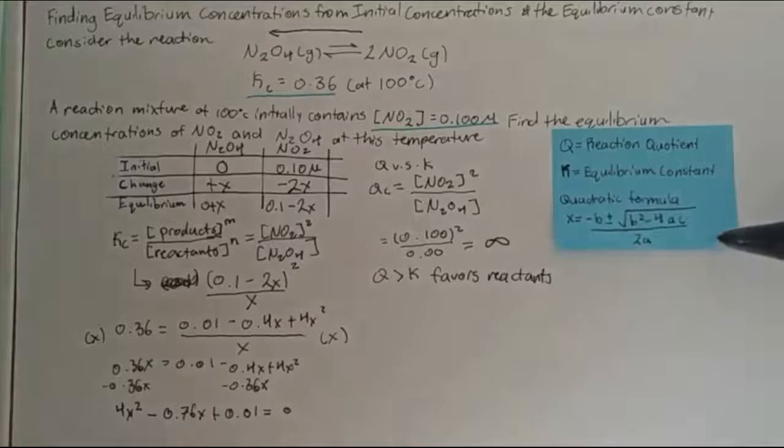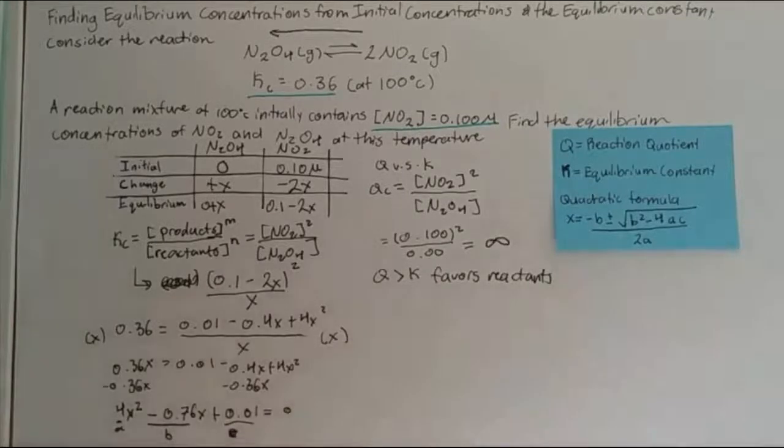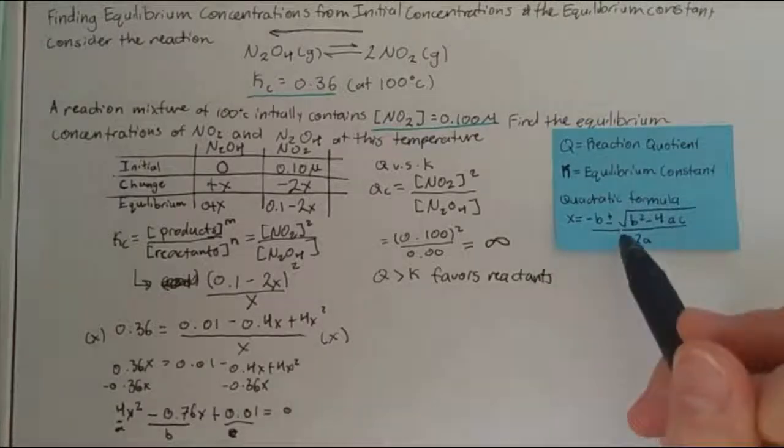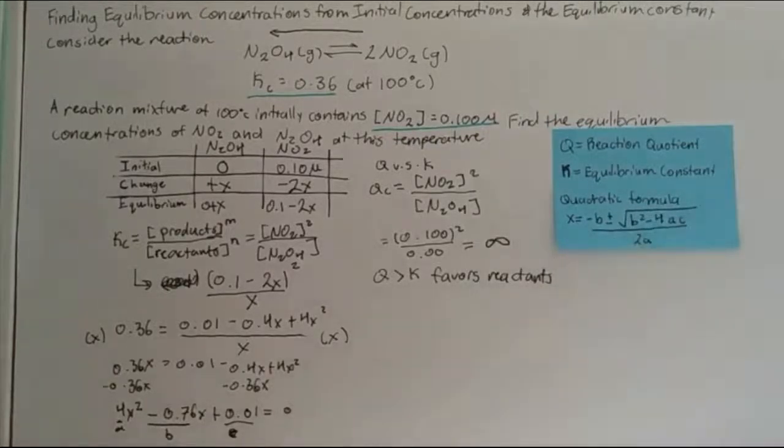And then now we just need to identify what A, B, and C is. So A is 4, B is negative 0.76, and C is 0.01. All right, now we just plug these values into the quadratic formula.